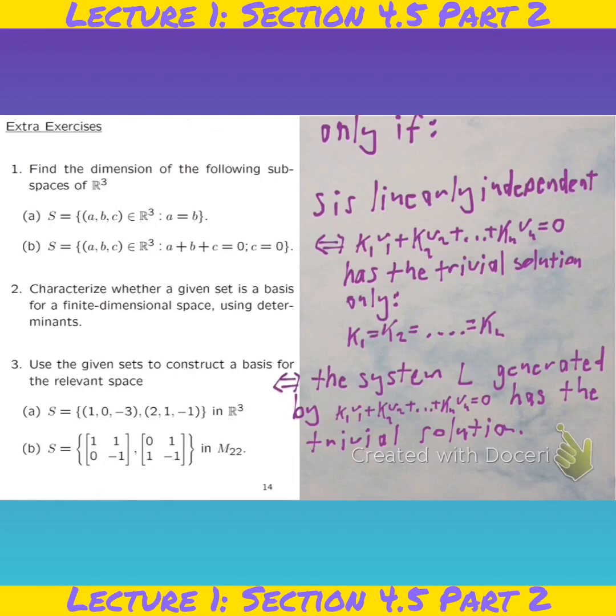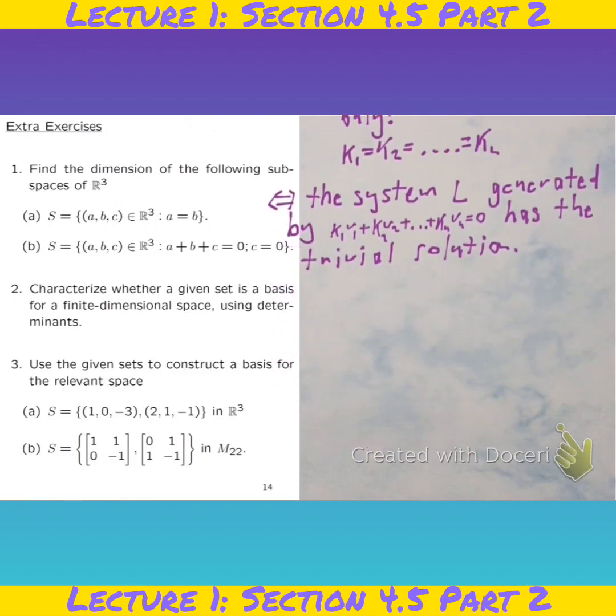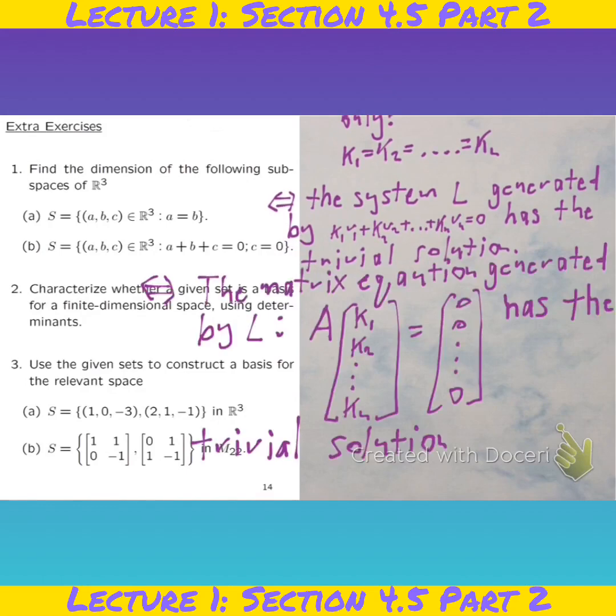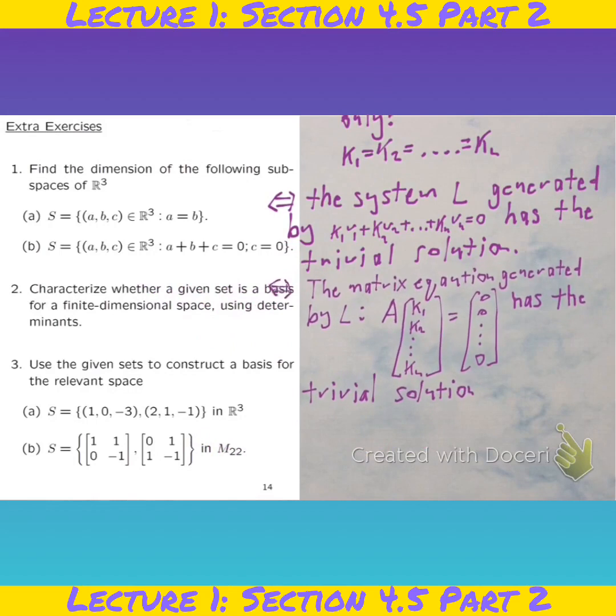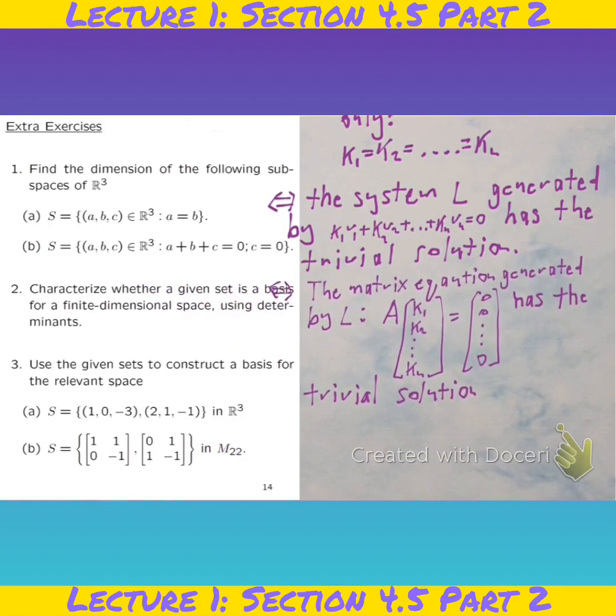And what needs to happen for that to be true? Right, we need the following. The only way that can happen is if the matrix equation generated by the linear system L has only the trivial solution.